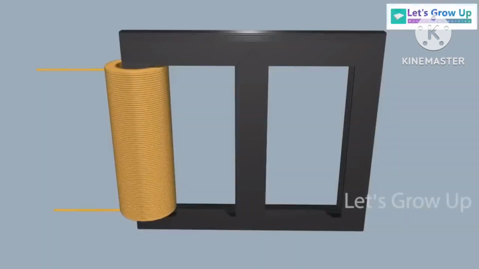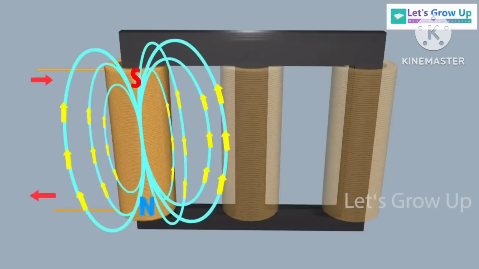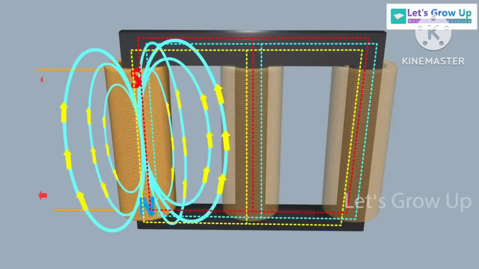The first winding is also known as a coil. When it is supplied by an alternating electrical source, the alternating current through the winding produces a continually changing and alternating flux surrounding it. If another winding is brought close to the first winding, some portion of this alternating flux will link with the second winding.